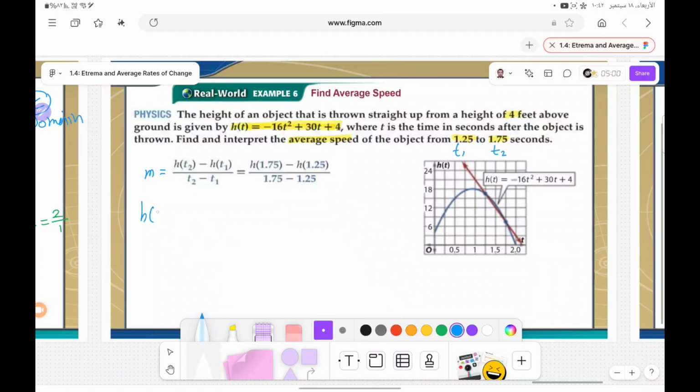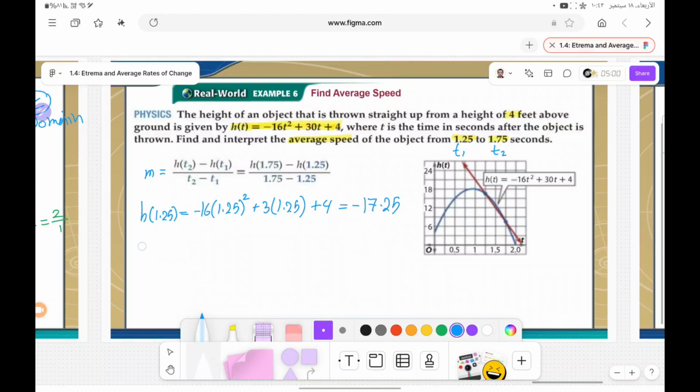The first value is 1.25: h of 1.25 is equal to negative 16 times 1.25 squared plus 3 times 1.25 plus 4. So the answer is negative 17.25.